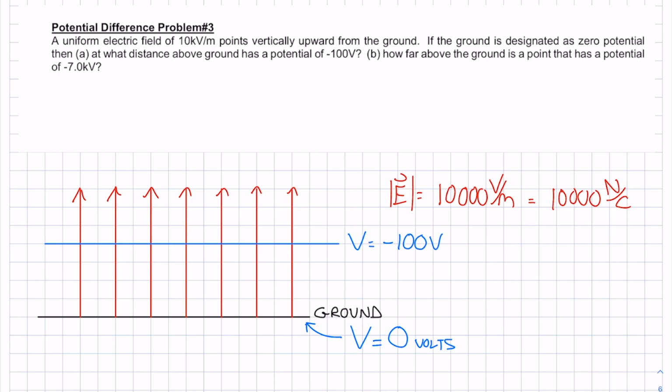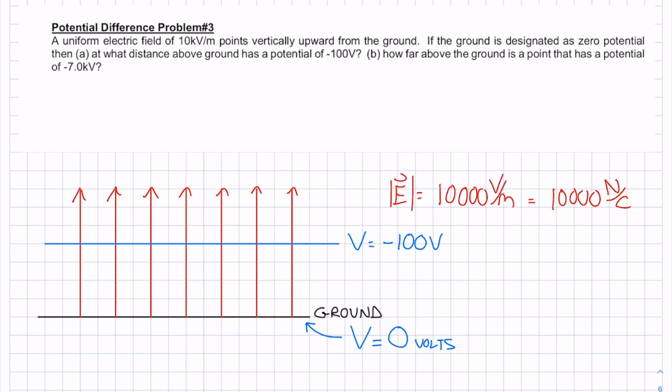The reason for the negative sign, and I know this gets confusing with voltage and potential difference, is an electric field always points from a high potential to a lower potential. So if you set the ground to be 0 and the electric field's pointing away from it, then the voltage technically is decreasing from that point.